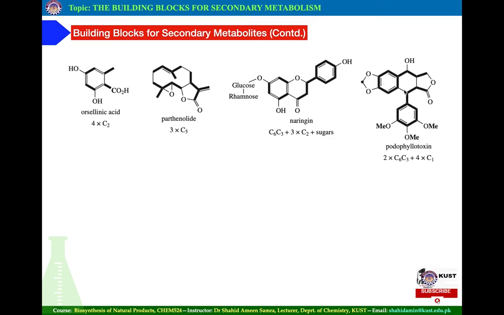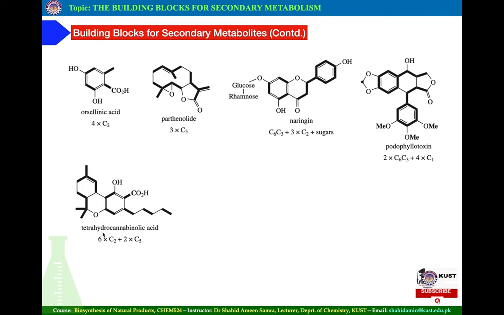These are these 2 units, along with 4 C1 units that are present in the form of these O-methoxy groups, along with the CH2 group in between these 2 oxygen atoms in order to make a 5-member ring.